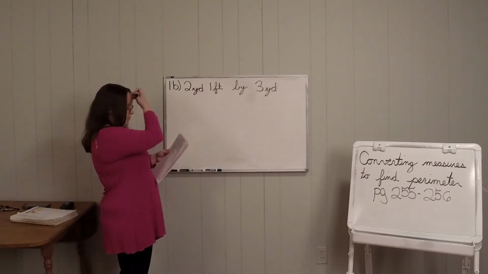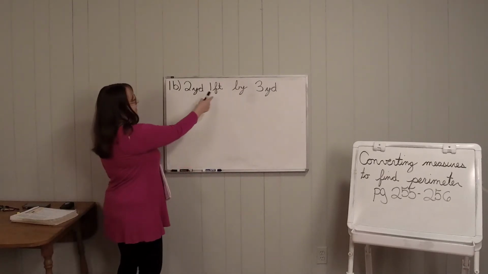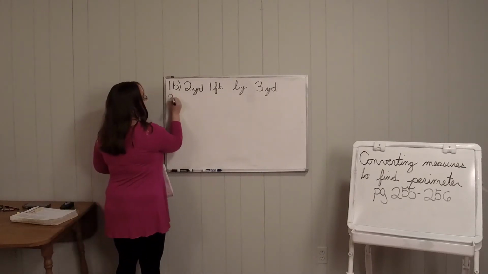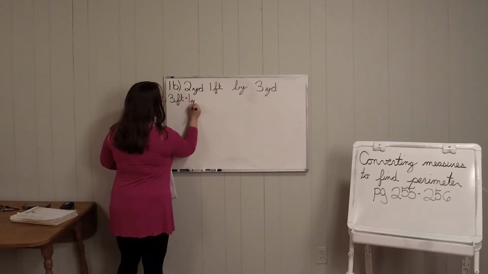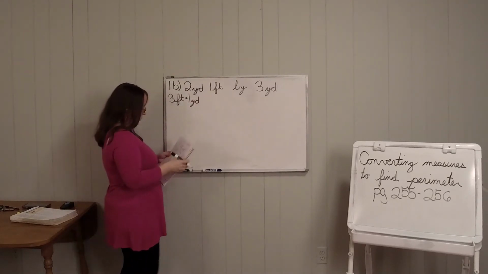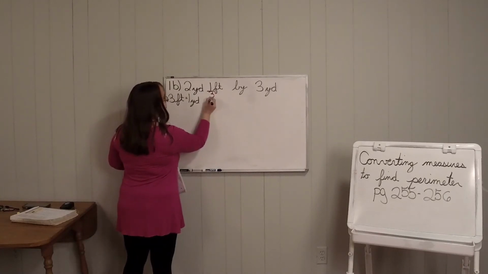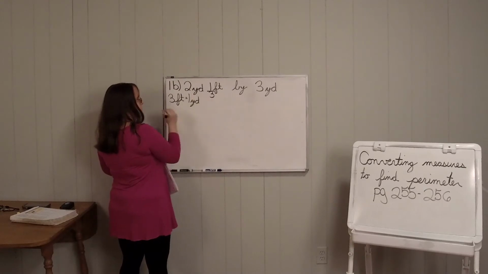Well, think about how many feet are in 1 yard? 3 feet equals 1 yard. So all we're going to do is add a 3 under that feet, because 3 feet equals 1 yard.